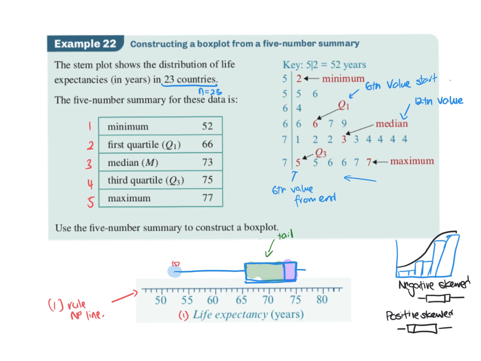See how that was 52, 66, 73, 75, and 77. Okay, so you're going to get 1 mark for the correct data, and that's the shape. If the data is correct, the shape will be correct as well.